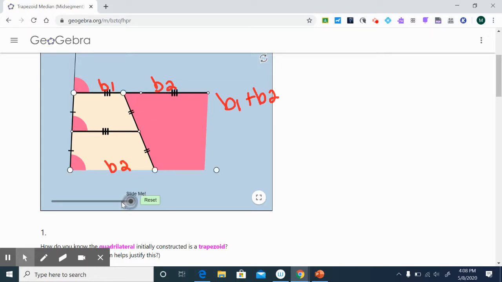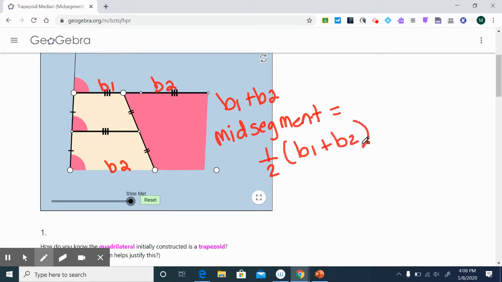When I keep sliding, I can fit 2 full midsegments in there. So we can find the midsegment by taking half of the sum of your 2 bases. So that's going to be our formula.